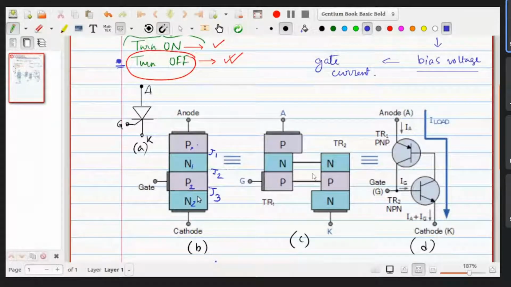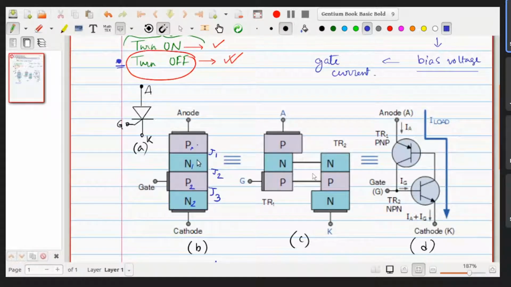Imagine that when we considered the NPN bipolar junction transistor or the PNP transistor, BJT, in our earlier studies of basic semiconductor devices, we noted that they were 2 terminal devices. Over here we consider this a 3-terminal device, where we have 4 layers, P1, N1 and P2, N2.